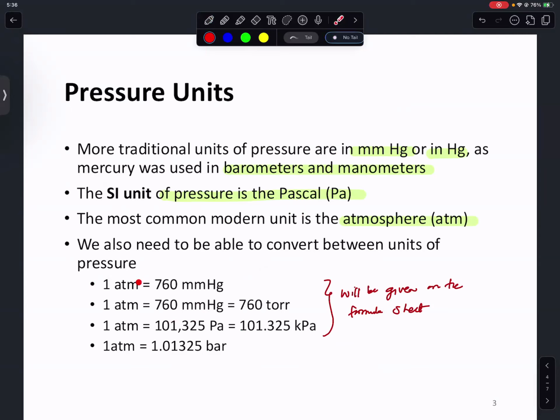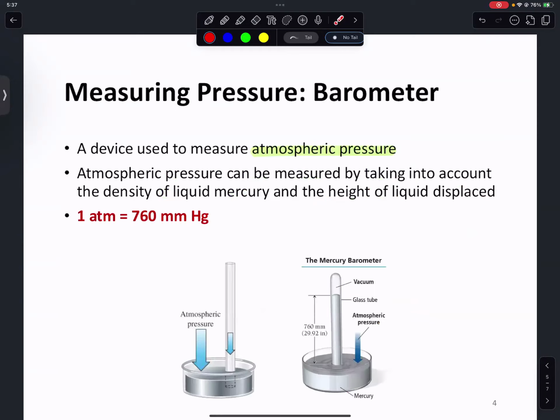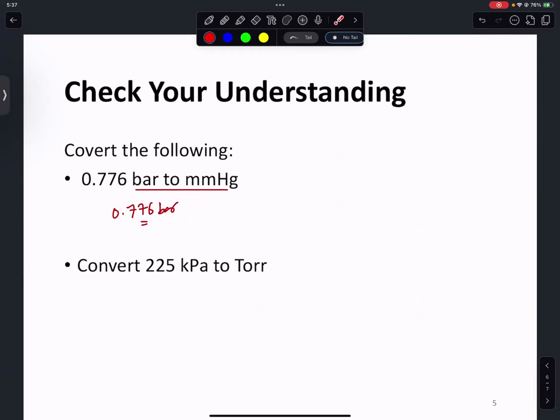Note that the conversions are mostly to atmosphere. Okay, so in this case, it's all conversions to atmosphere. And in this case, what I would do is convert first to atmosphere and then convert to millimeters mercury. So I'm going to say 0.776 bars, and in 1 atmosphere, there is 1.01325 bar.